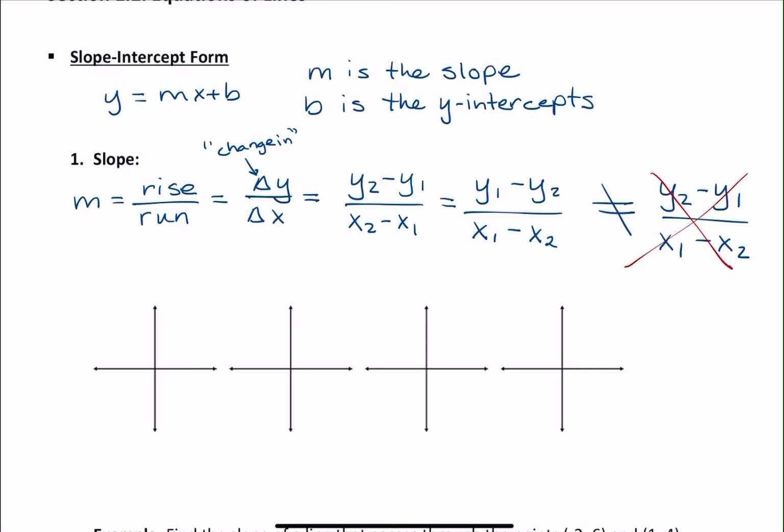Let's talk about the different types of slope. If you have a slope that rises from left to right, that's going to be a positive slope. If it falls from left to right, that's going to be a negative slope.